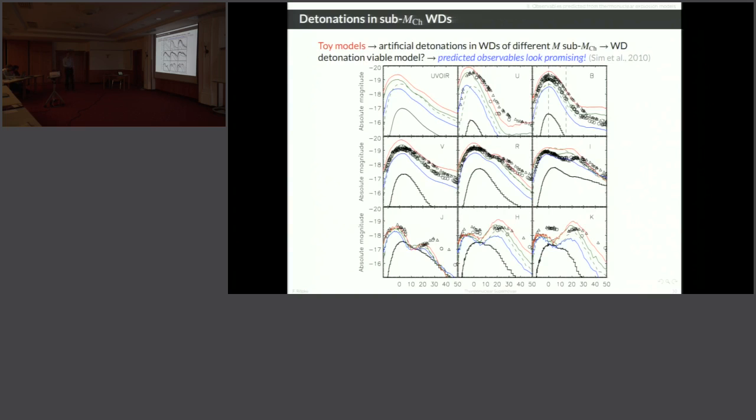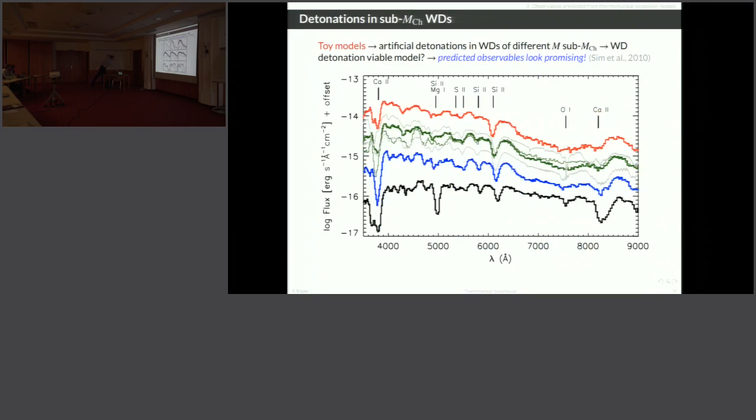And this was done by artificial detonations in sub-Chandrasekhar mass white dwarfs of different masses, where we artificially ignited a detonation in the center without giving any physical reason for why this should happen, to just see what these objects would look like. And Stuart Sim then computed synthetic light curves and spectra from these objects, and they look promising. So you get light curves and spectra that compare rather well to observed normal Type Ia supernovae.